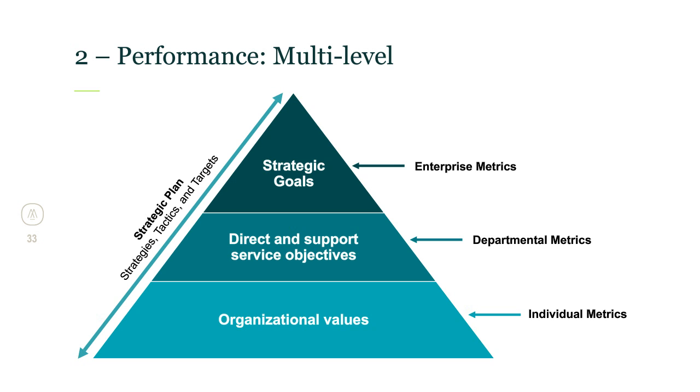So if your goal is to double your revenue in the next 5 years, then what you're doing in each of those departments, whether direct or support, should be aligned with what you need to do to double your revenue in the next 5 years. And so we take a simple thing like people.